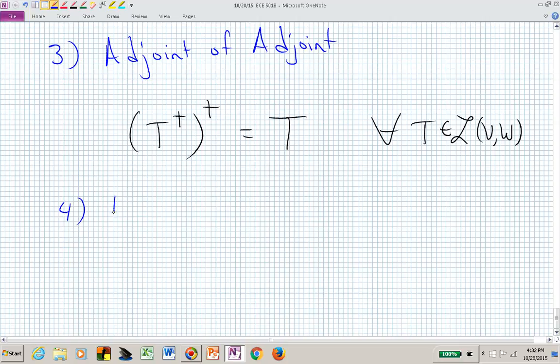We also have the identity and its adjoint. What happens when we take the adjoint of the identity map? It's the identity map, so it's self-adjoint.